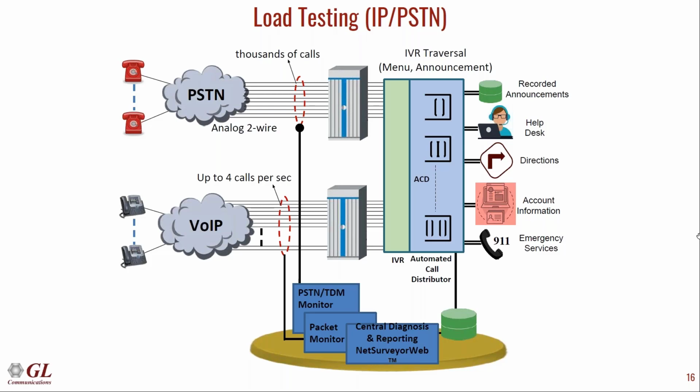So did the IVR pass or fail based on what we are expecting in terms of prompts and such. So all of that can be tested and confirmed through the software and automatically provide different types of reports. Okay, let's go to the next one.